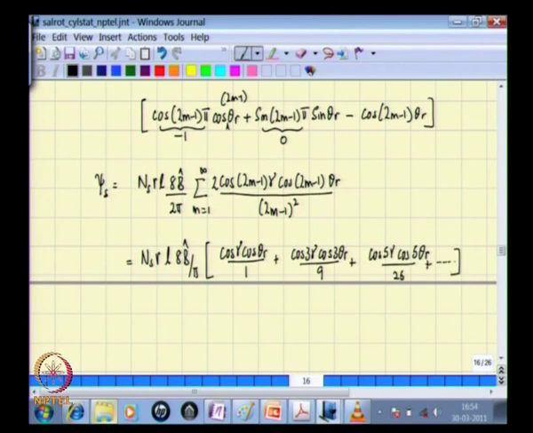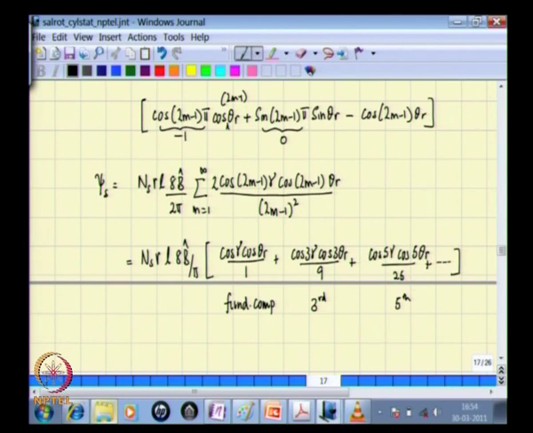So, we see that the flux linkage that is arising due to exciting the stator has one term that is a fundamental component, has a third harmonic and has a fifth harmonic and so on.